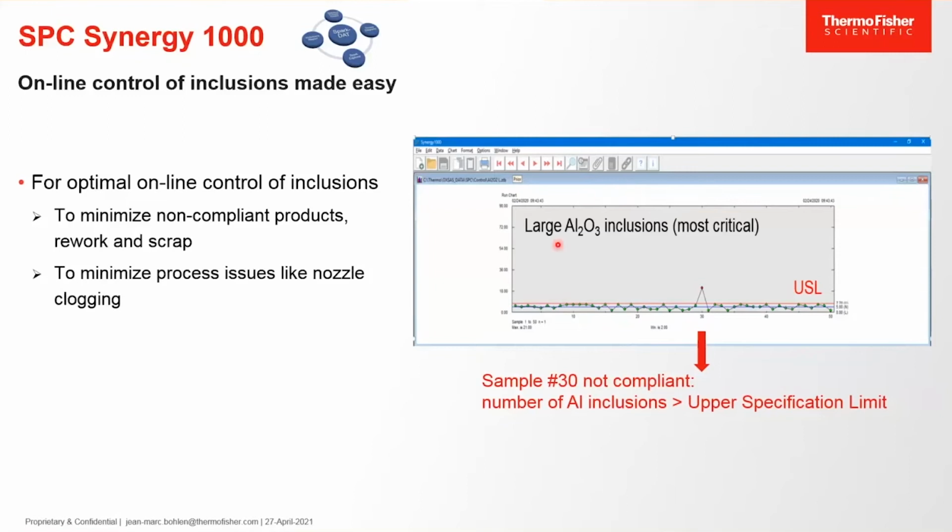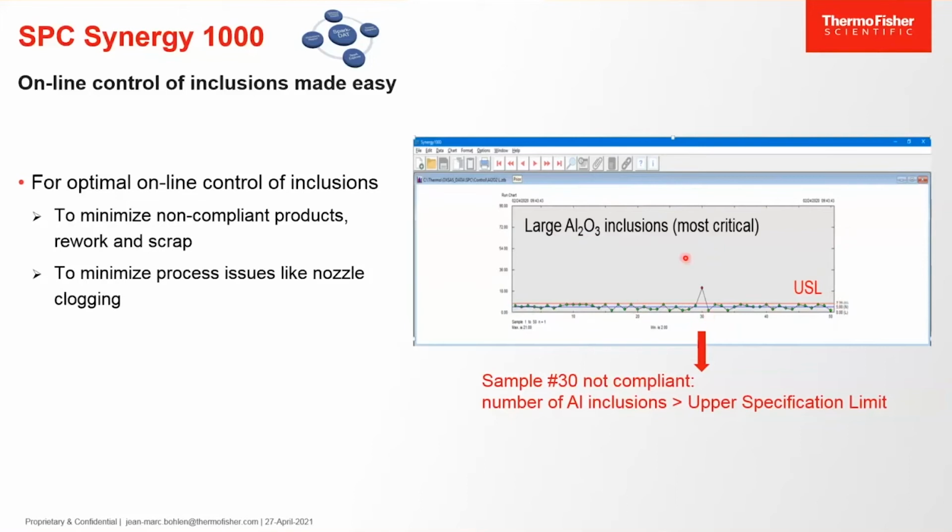You have an example, as I mentioned, on the right side, where we have monitored the large aluminum oxides, which are the most critical. Here are the different samples measured, number of aluminum oxides measured, and USL is what we call the upper specification limit above which a number is considered to be too high.